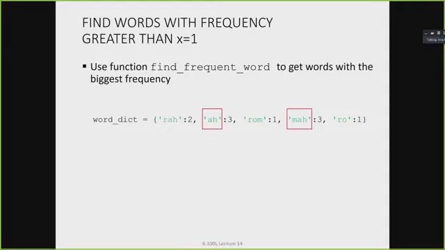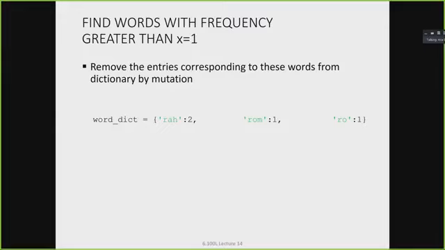So I'm going to grab those words and those entries in the dictionary, and then I'm going to mutate the dictionary to remove those words, because I know those words occur with the highest frequency. Now I've removed those words, and I have saved them because they were the result of the function that I had just run.